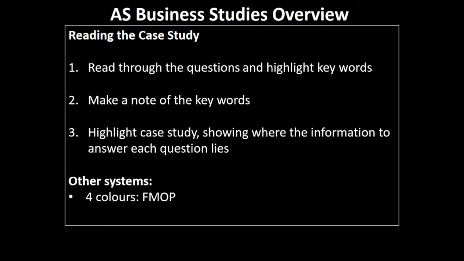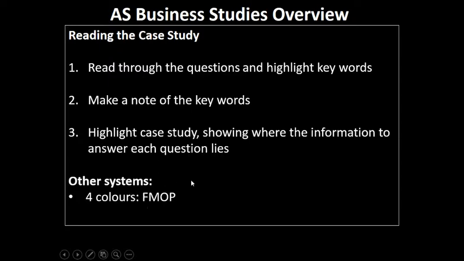One way that I really like, that was taught to me by a company called Time to Resources, is called FMOP, where you get 4 colours. You highlight anything to do with finance in one colour, anything to do with marketing in another, anything to do with operations in a third, and anything to do with people in a 4th colour.